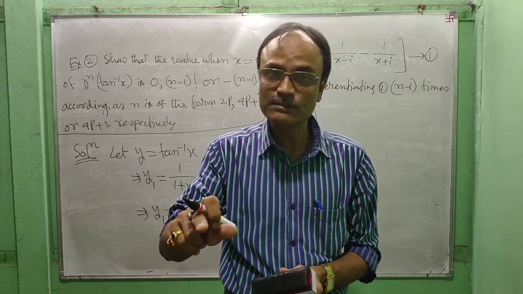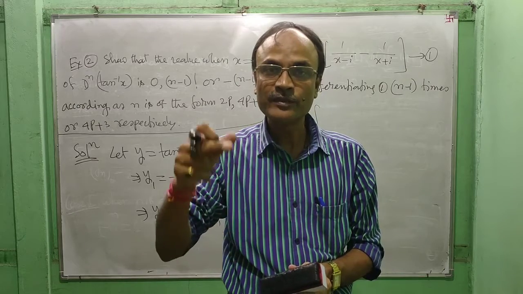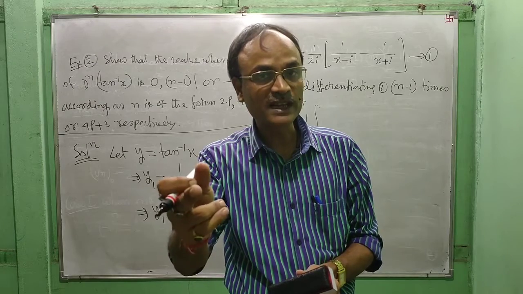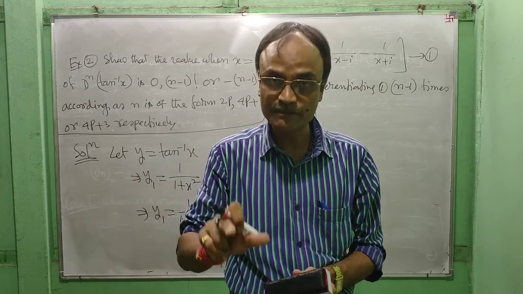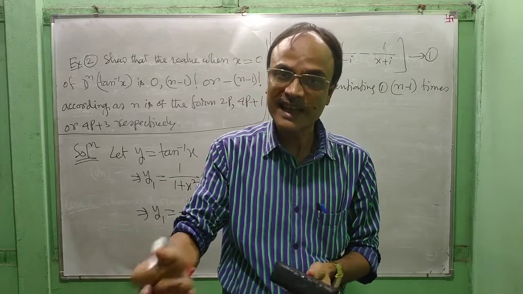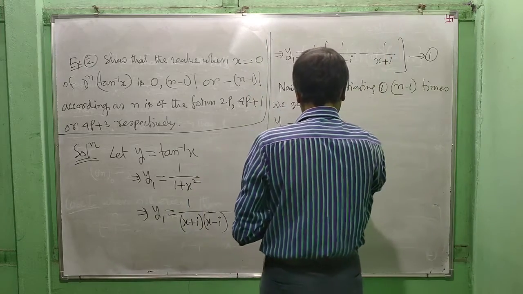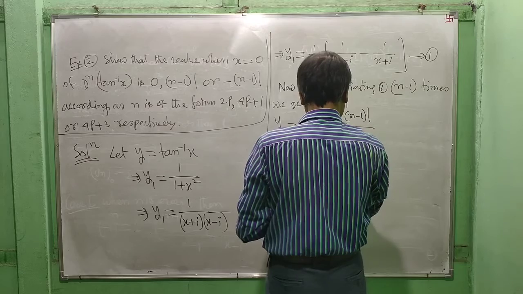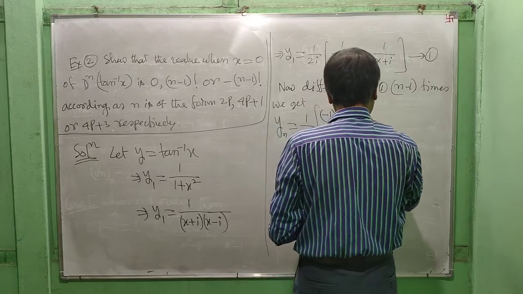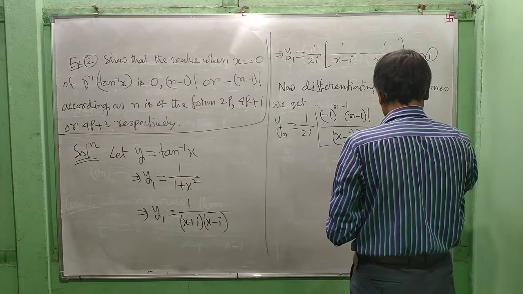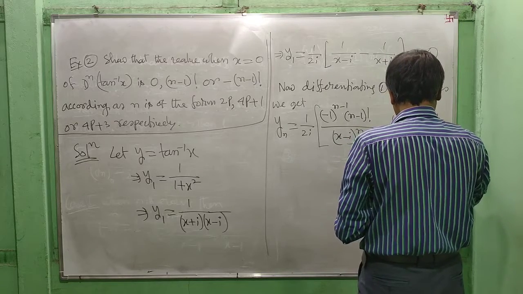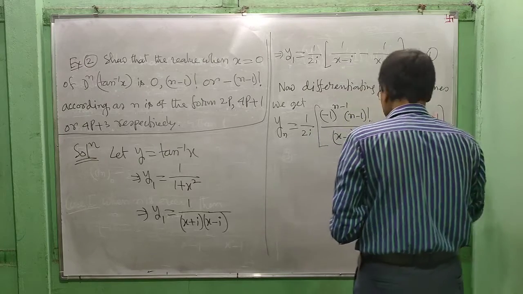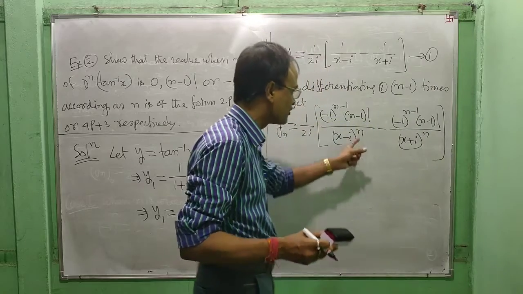If you differentiate 1 by x or 1 by (x plus a) n minus 1 times, you will definitely get minus 1 whole to the power n minus 1 factorial n minus 1 divided by (x plus a) whole to the power n. You will definitely get the same for x minus i and x plus i whole to the power n.